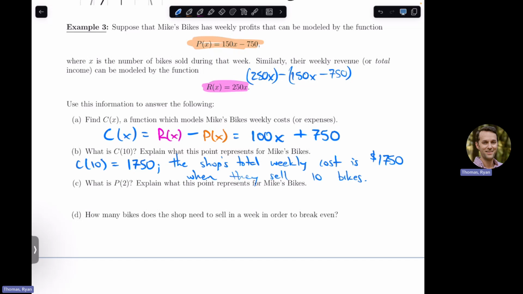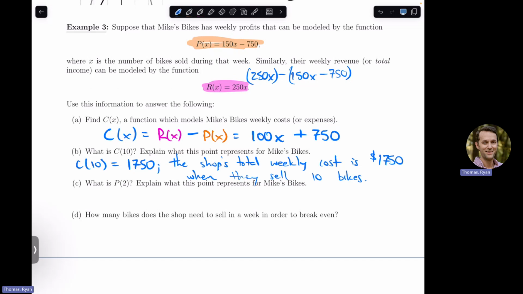Something along those lines that is showing that I know what the units are, right? This is dollars, this is bikes. It's dollars specifically that represent the cost of the expenses, and here's how they're related to each other, right?